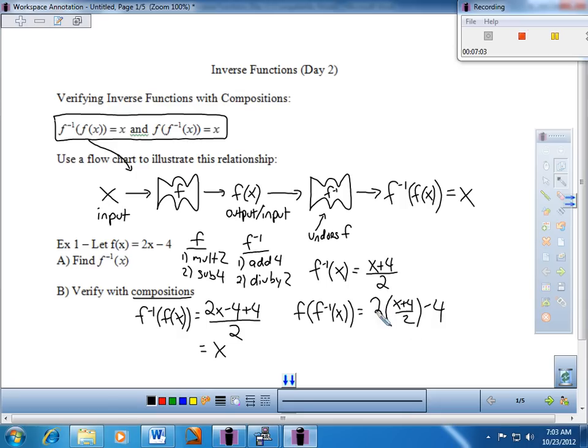So 2 on top, 2 on bottom would cancel. And then I do get just x plus 4 minus 4. And that should cancel, obviously, to just getting x. And so you can see, obviously, we did our inverse correctly there because we verified, we confirmed it with compositions. And I hope that illustration makes sense as we go through the process here from this to this to this, and it's exactly what you end up with.